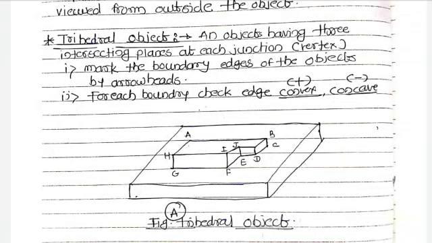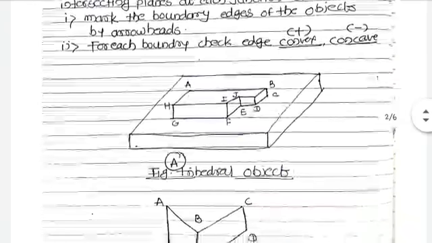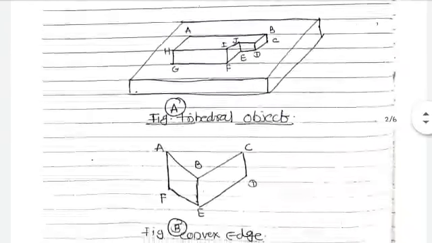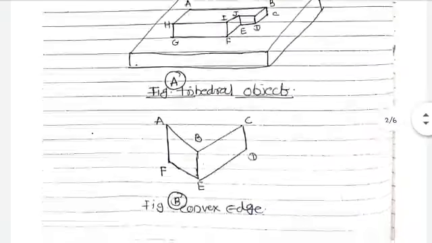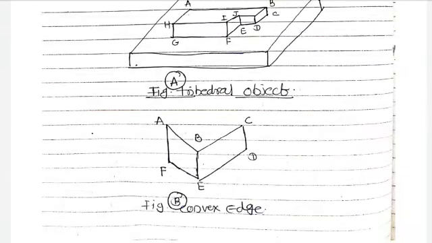So this is our object, and there are 6 nodes or vertices: A, B, C, D, E, F.